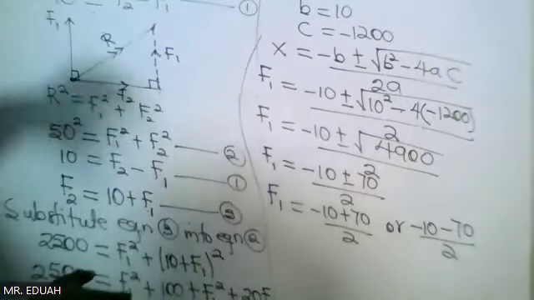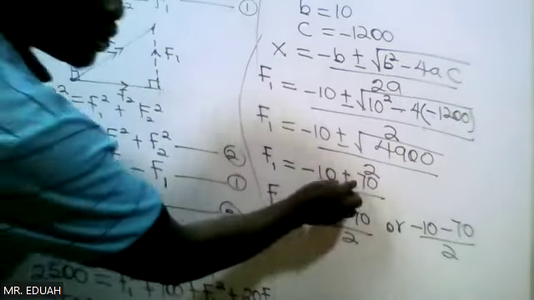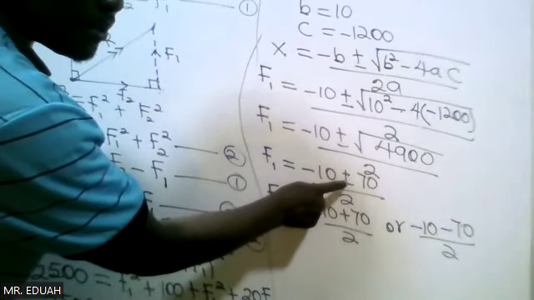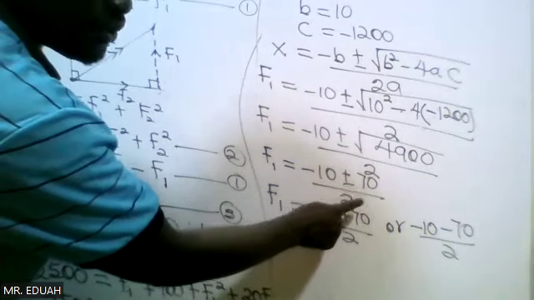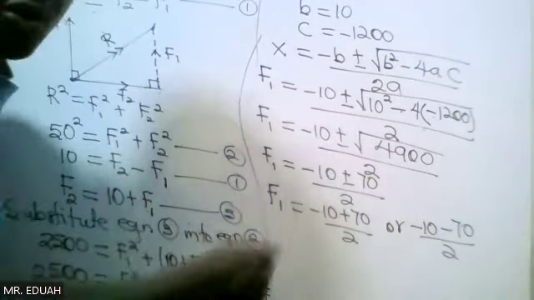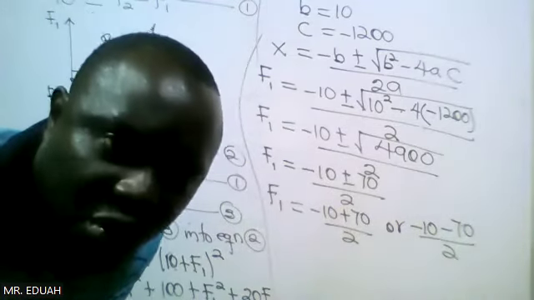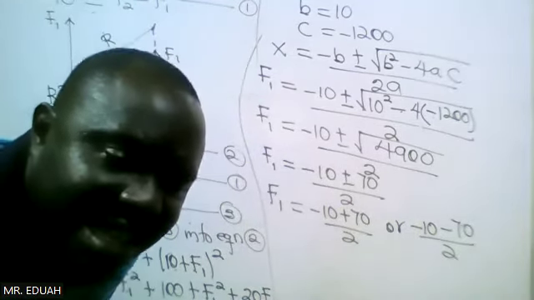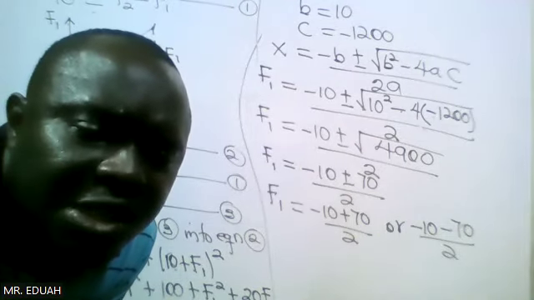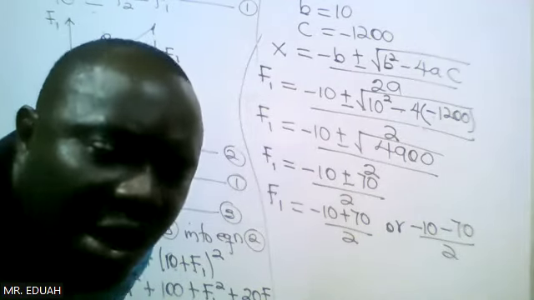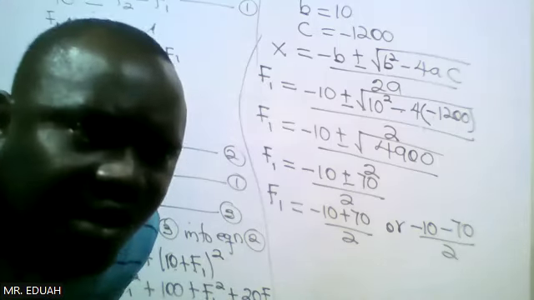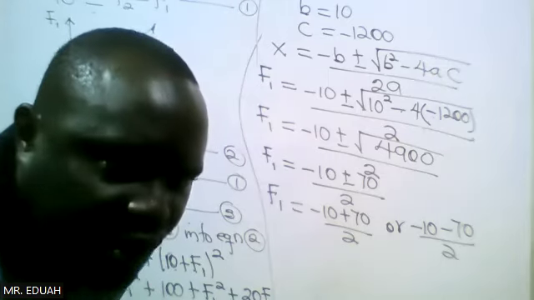It doesn't mean that you ignore the negative right from here. Sometimes, when you consider the negative of the plus or minus, it will not give you a negative result. If it doesn't give you a negative result, then it means you have two positive values for whatever variable you are looking for. You don't throw the negative away if it will not give you a negative result.